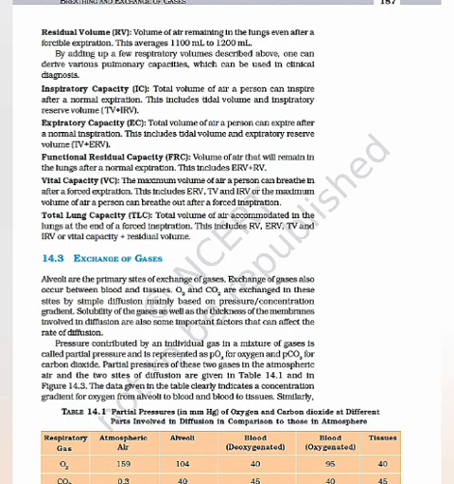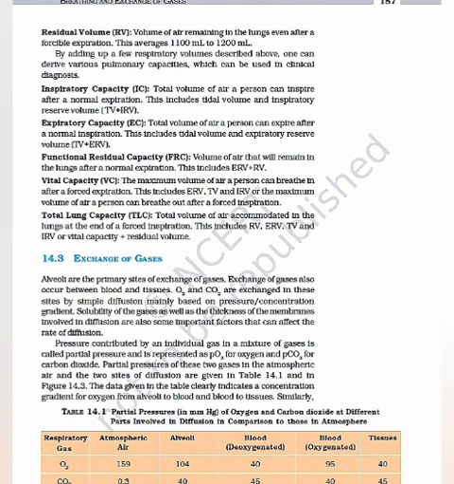Expiratory capacity, EC. Total volume of air a person can expire after a normal inspiration. This includes tidal volume and expiratory reserve volume, that is TV plus ERV. Functional residual capacity, FRC. Volume of air that will remain in the lungs after a normal expiration. This includes ERV plus RV. Vital capacity, VC. The maximum volume of air a person can breathe in after a forced expiration.